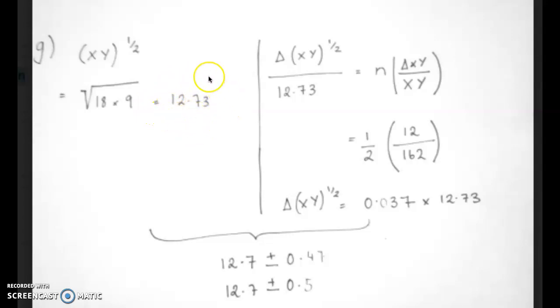Now the uncertainty in xy to the half, we're going to apply the rule: fractional uncertainty in xy to the half.